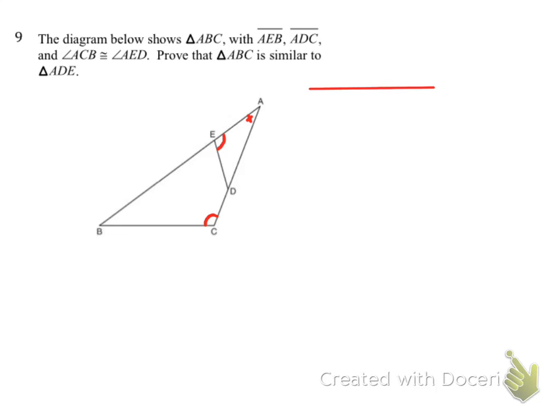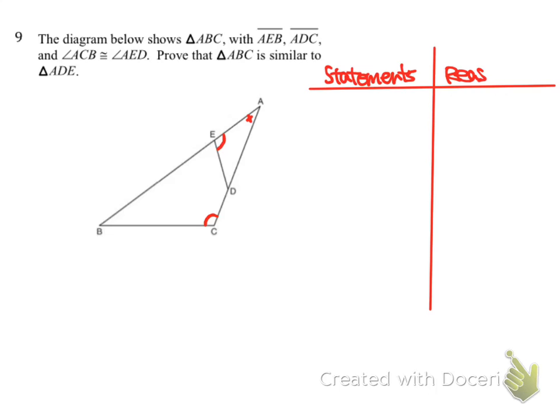So let's write it up. So here we get statement, and then the reasons. First, we gotta write down the givens. Here it seems like ACB is congruent to AED.